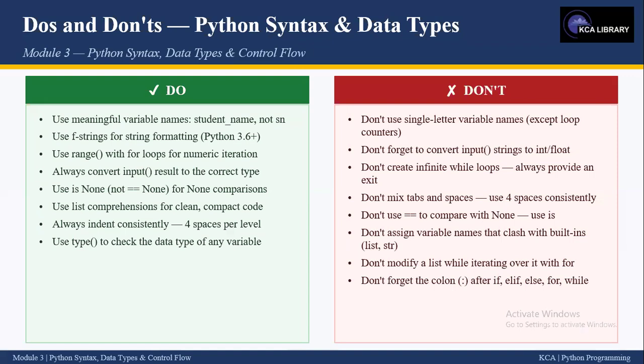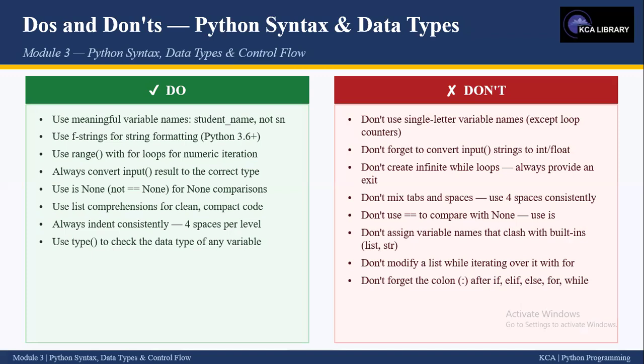Don't use single-letter variable names except loop counters. Don't forget to convert input strings to integer or float. Don't create infinite while loops. Always provide an exit. Don't mix tabs and spaces. Use 4 spaces consistently. Don't use equals to compare with None. Use is.